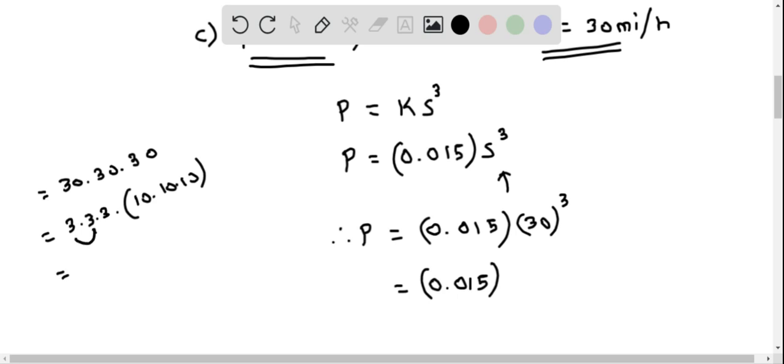So 3 times 3 is 9, 9 times 3 is 27, and 10 times 10 times 10 is 1000.